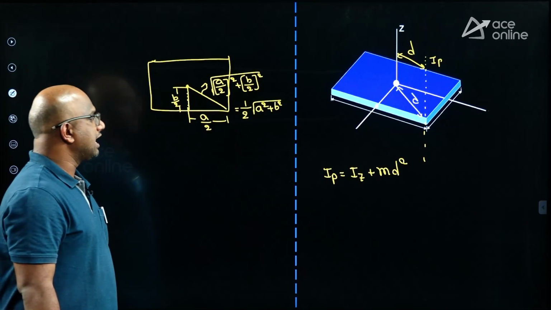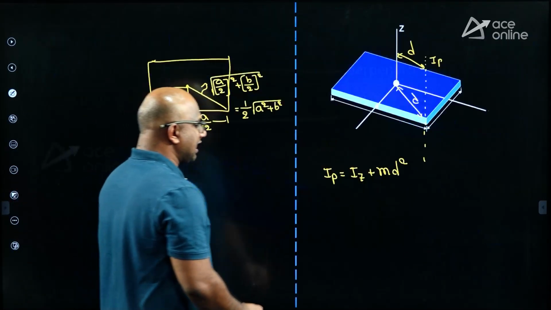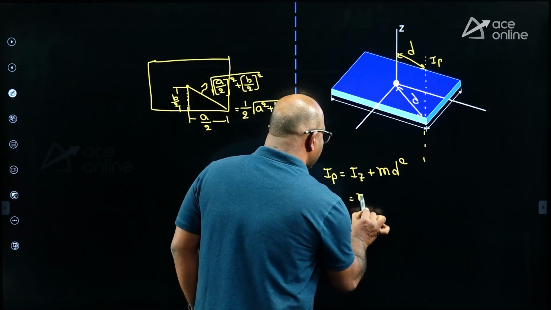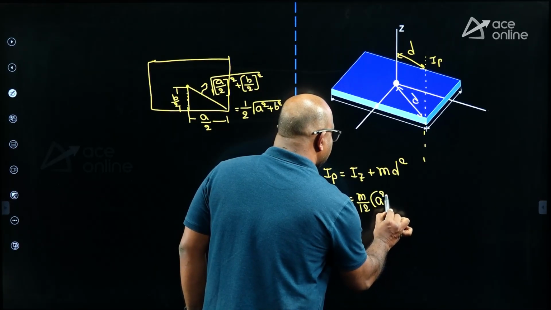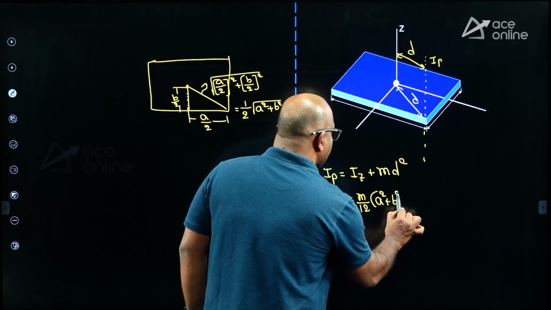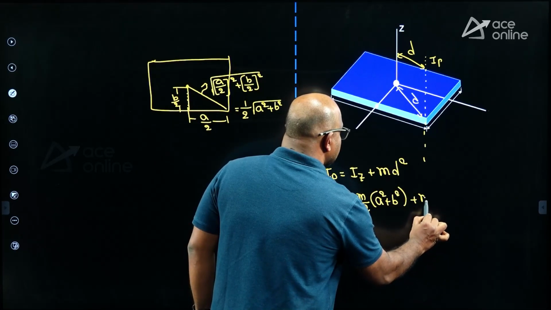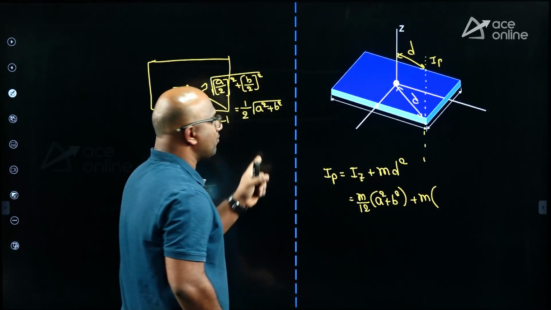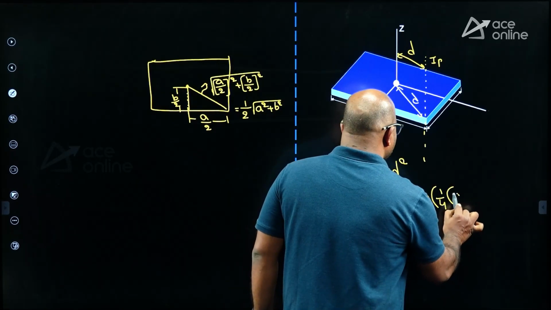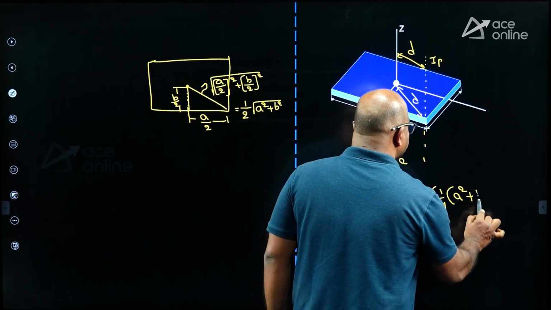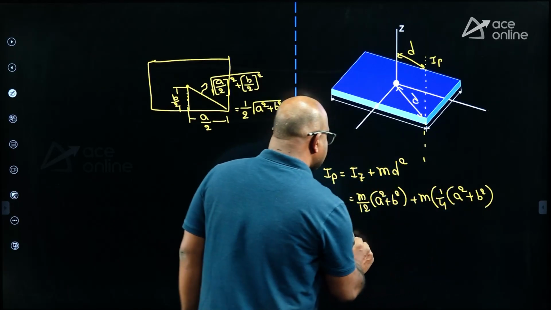Now substitute, guys. IZ is how much, guys? M by 12 into a square plus b square plus m into d square. How much is coming, guys? 1 by 4 into a square plus b square. So how much is coming, guys?